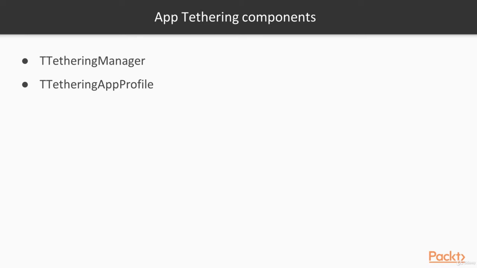So if you are creating app tethering applications, you have to connect the tethering manager and the tethering app profile components. For instance, you can select the tethering app profile component and set the manager property to the tethering manager, or maybe tethering manager 1.